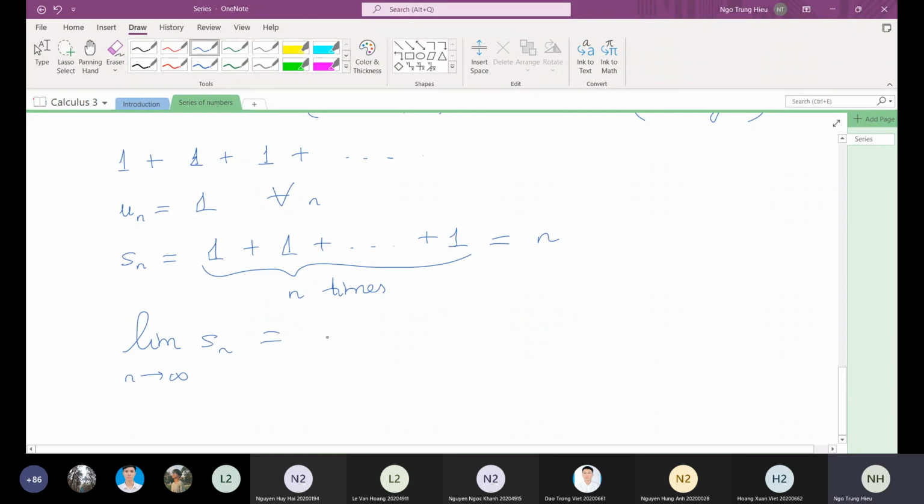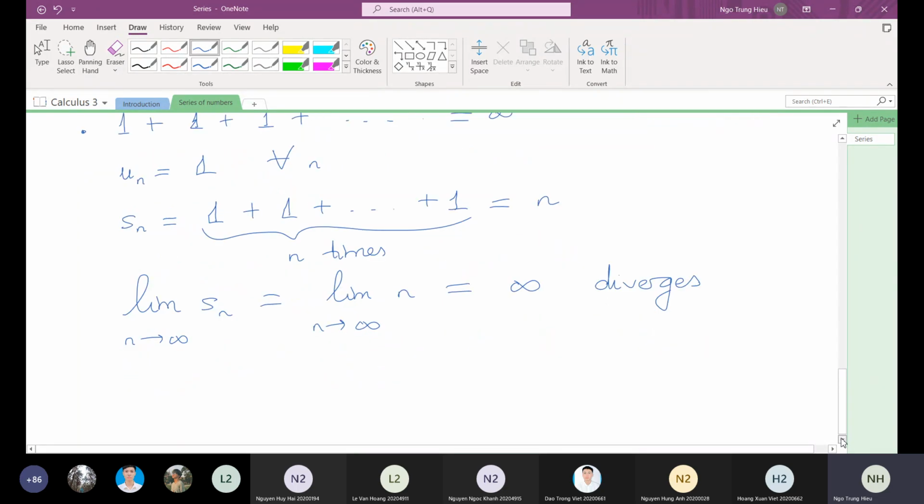It's the limit of n as n goes to infinity, and it's equal to infinity. So in this case, the series diverges, and it diverges to infinity.